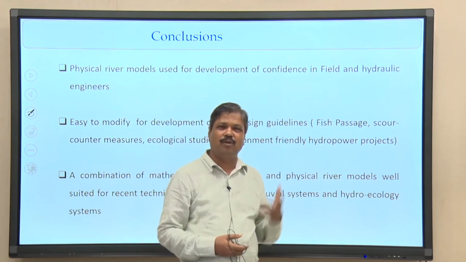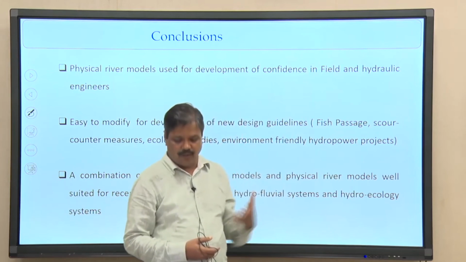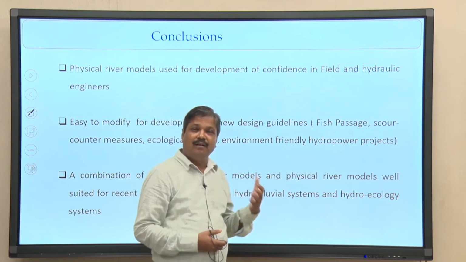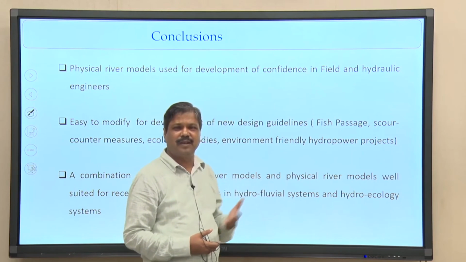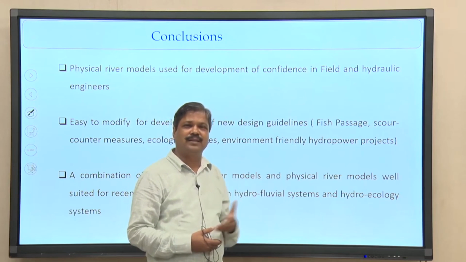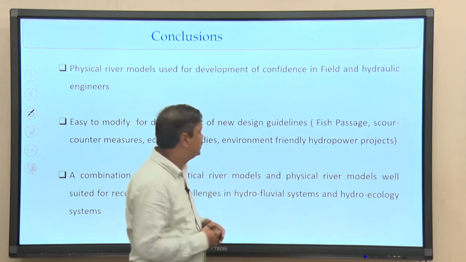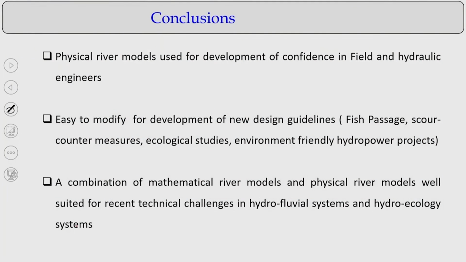So, physical river models are major components of any mega project when you implement it. When you try to make guidelines for river training works or river infrastructure, we should have physical models for things like scour countermeasures and ecological studies.